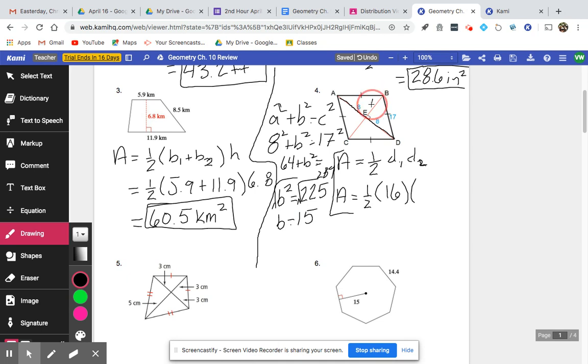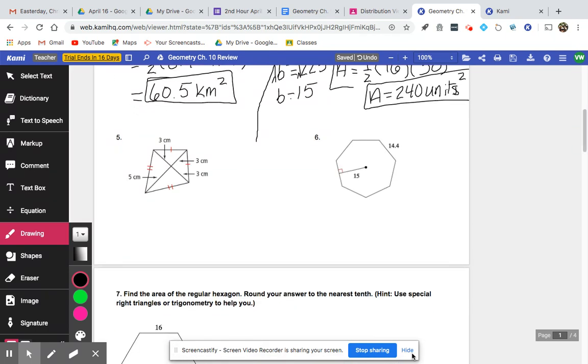So that means this guy is 15, and down here is 15. 15 plus 15 is 30. So my second diagonal is 30. Now we multiply 1/2 times 16 times 30, and you get a final area of 240. Here we don't know what the units are, so I'm going to say units squared. 240 square units.